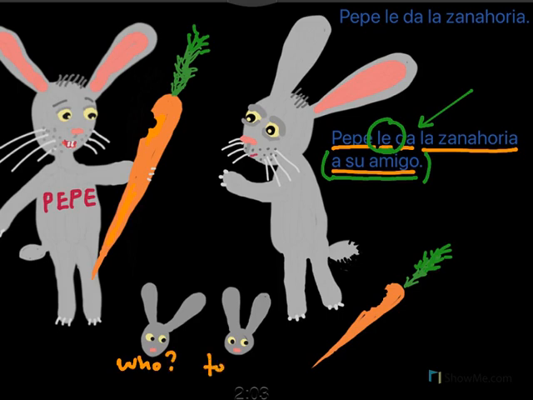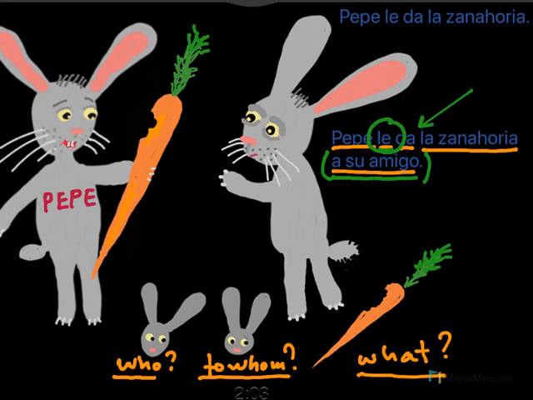You have to whom, his friend. And you have what, the carrot. So you have who, subject, to whom, indirect object, and what, direct object.